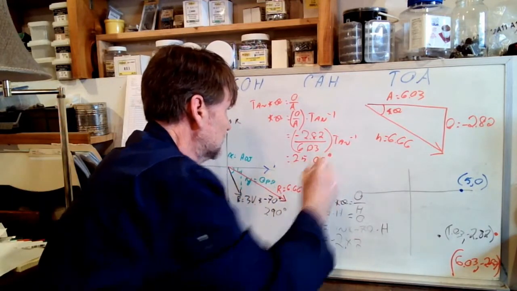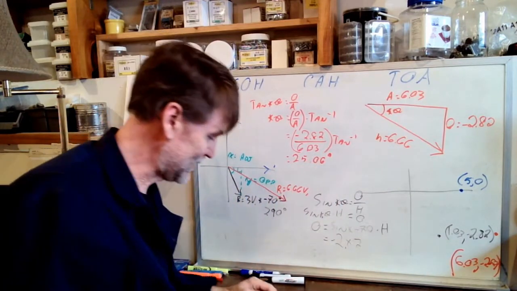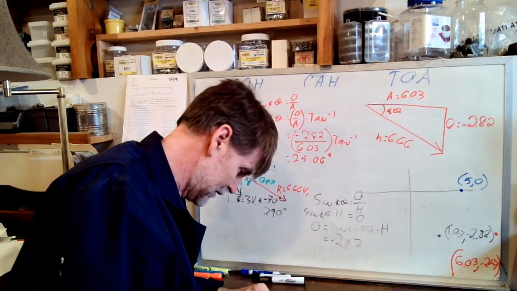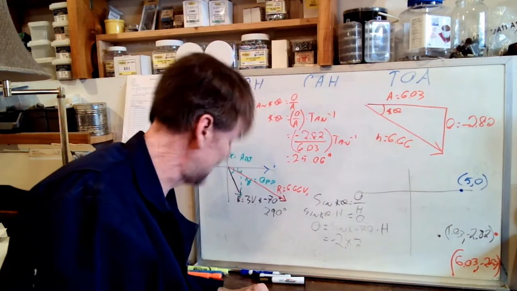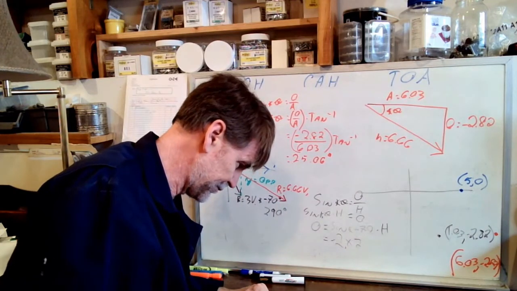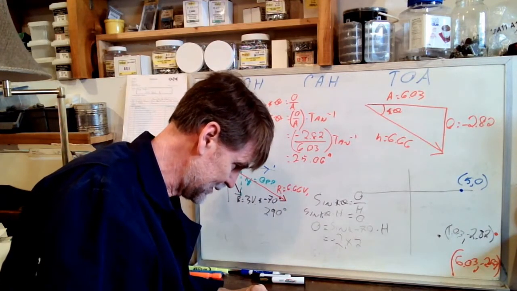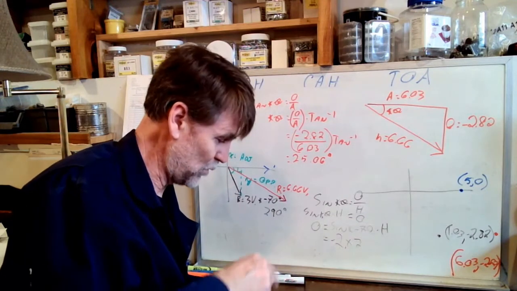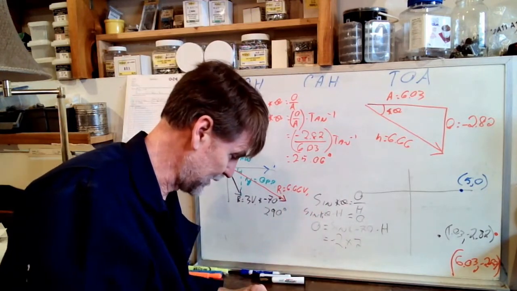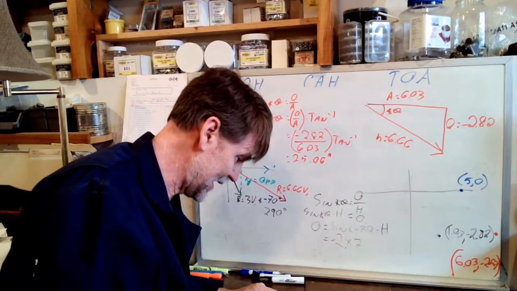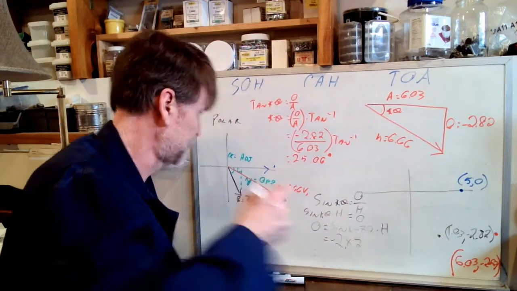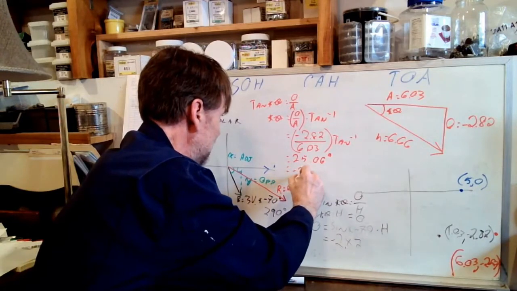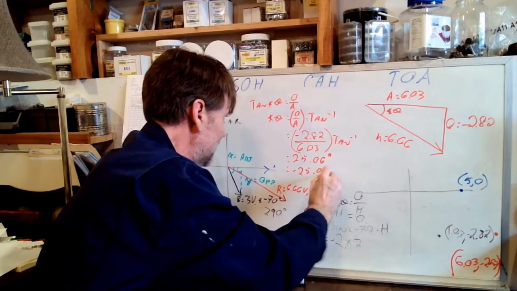Degrees. Okay, let's try it with the negative sign. So it's negative 2.82 divided by 6.03 equals, now it's negative 0.4676 and so on. Second function tan equals negative 25.06.